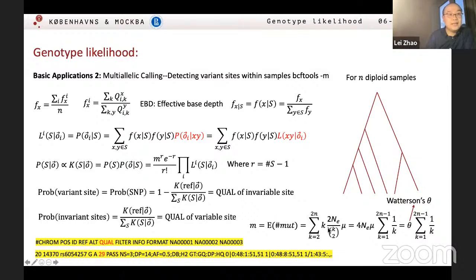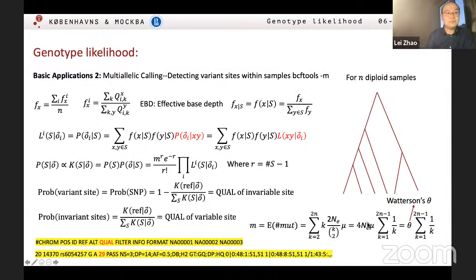And actually, this value you calculate here is the expected branch length of the branches along this tree. So basically, this plus this plus this plus this, and mu here means the mutation rate.